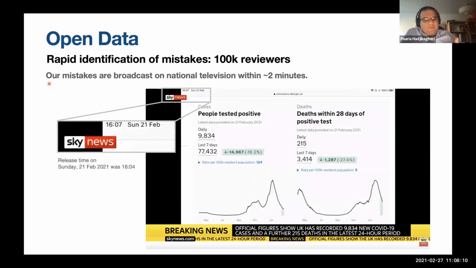Next, as I said, there are 100,000 viewers at 4 p.m., and our mistakes are broadcast on national television within 2 minutes of us making them. In this particular example, we released the data at 4:04 on that Sunday, and this is the actual website being shown on the national news within 2-3 minutes of it having been released.